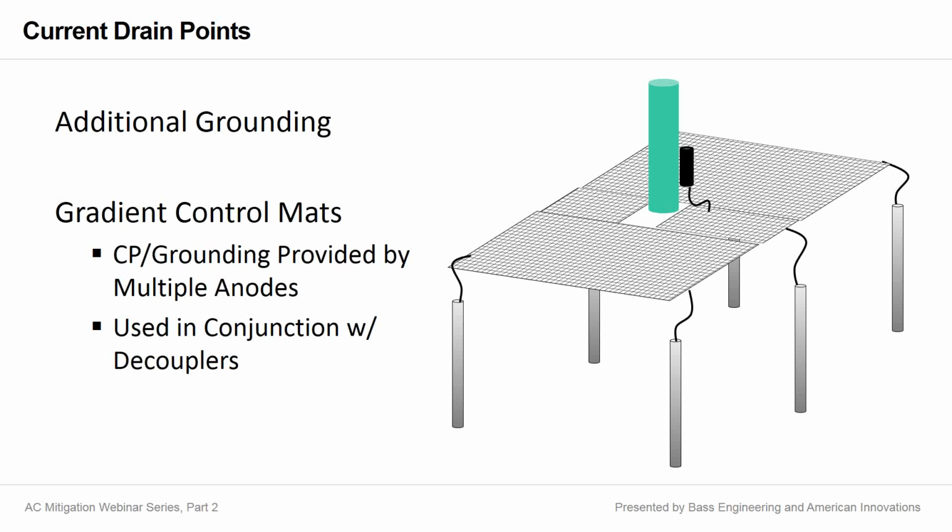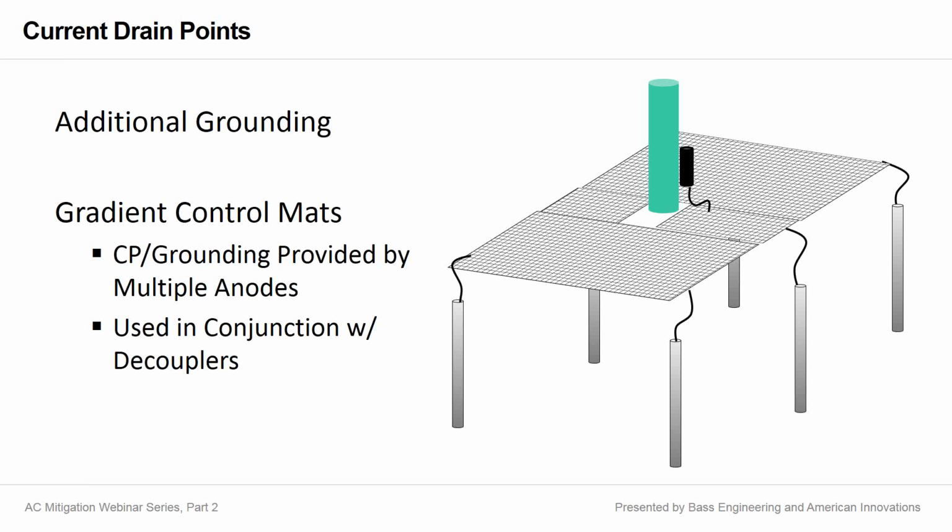We're going to talk just a little bit about gradient control mats, but before we do, we want to talk about the anodes that are installed in conjunction with those gradient control mats. So many of us have had experience with gradient control mats, but one of the important parts of that design that you have to realize is those gradient control mats are going to be electrically isolated from your pipeline for purposes of cathodic protection.